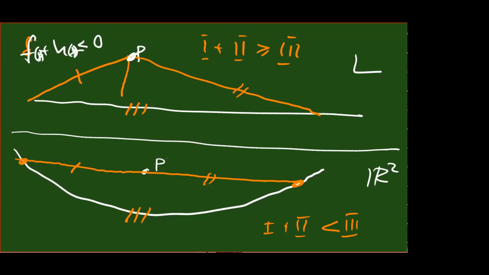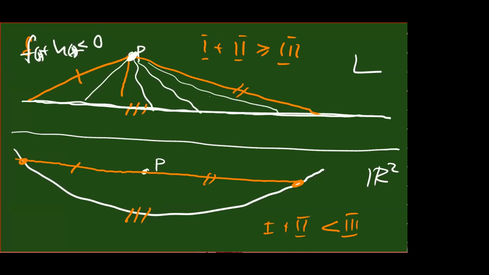So it must be the same in the space L, right? So we get this inequality, but we get a little bit more. If I fix a point, then the distances to points on one line are exactly the same as they would be in the plane. Kind of a strong condition.